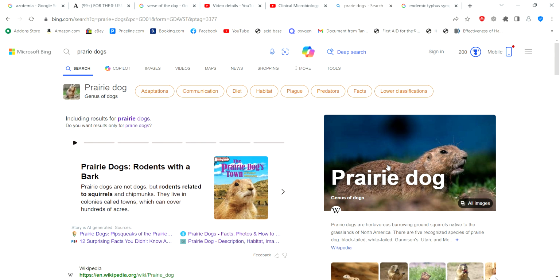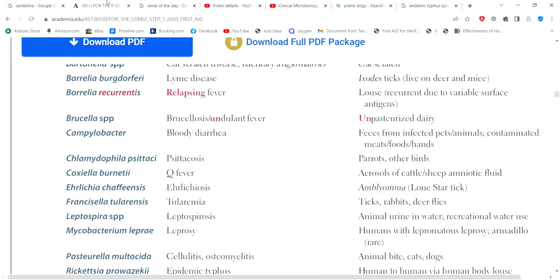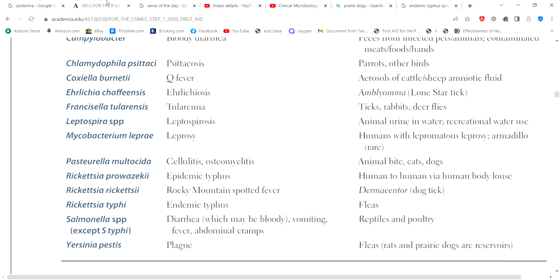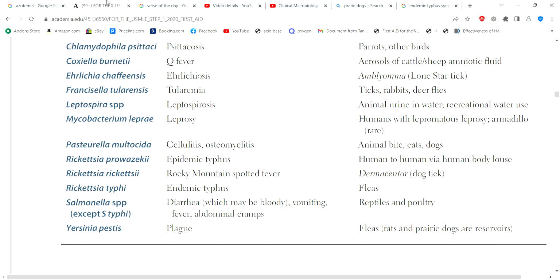Now Rickettsia, I'm just going back through the list. Rickettsia typhi, endemic typhus, is caused by fleas. It causes fever and is not typically fatal. Rickettsia prowazekii is more often fatal.